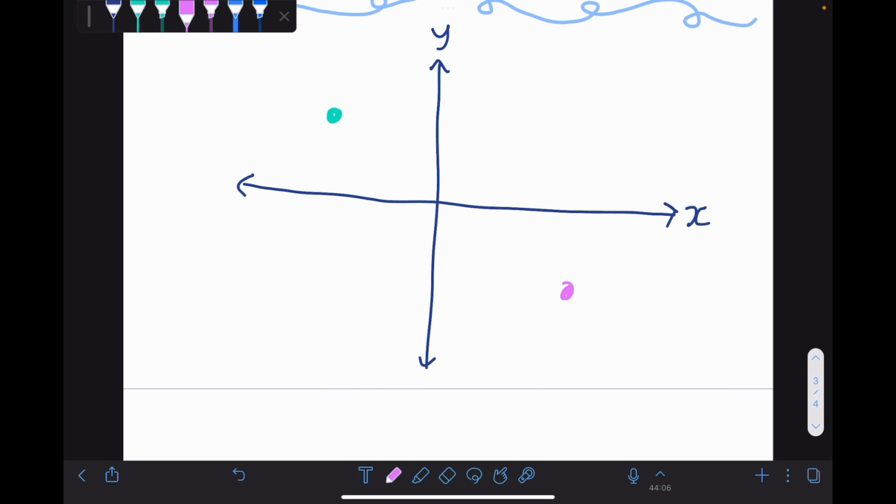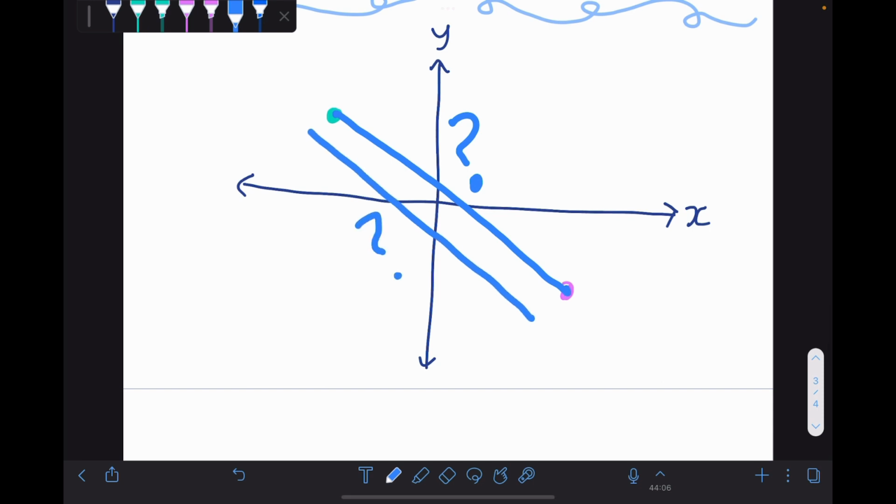And I use this formula to tell me how far it is. How far between this point and that point? How far have I gone between here and here? All right. So that's why we use it.